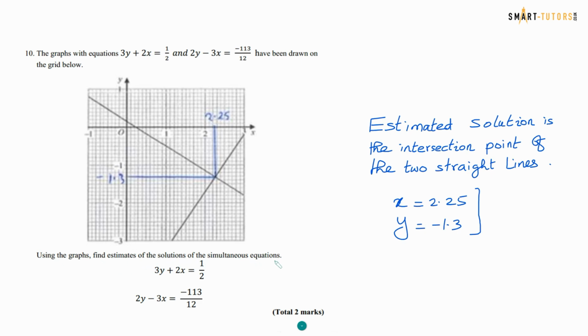Solving simultaneous equations graphically means you draw the two lines and find the intersection point. So the estimated solution is the intersection point of the two straight lines, which is x equals 2.25 and y equals minus 1.3. That is the answer for question number 10.